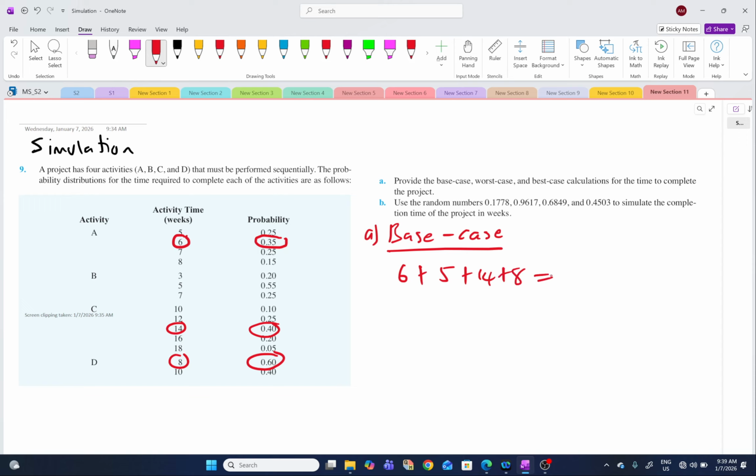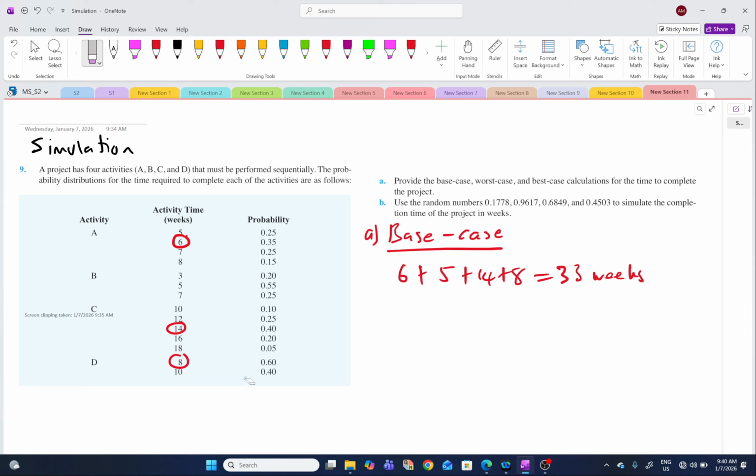So the answer should be 33 weeks. That is base case.